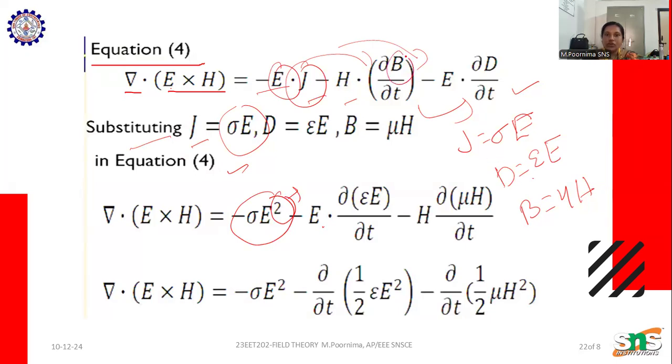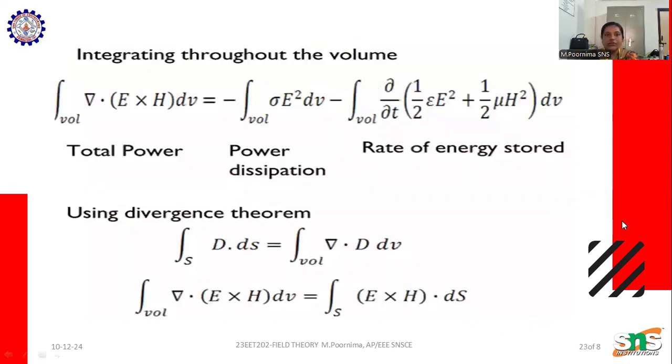Instead of D, we substitute epsilon E, giving E times the time derivative of epsilon E, and for B we replace it with mu H, giving H times the time derivative of mu H. Finally, we get this equation, which is the final equation for the Poynting vector.